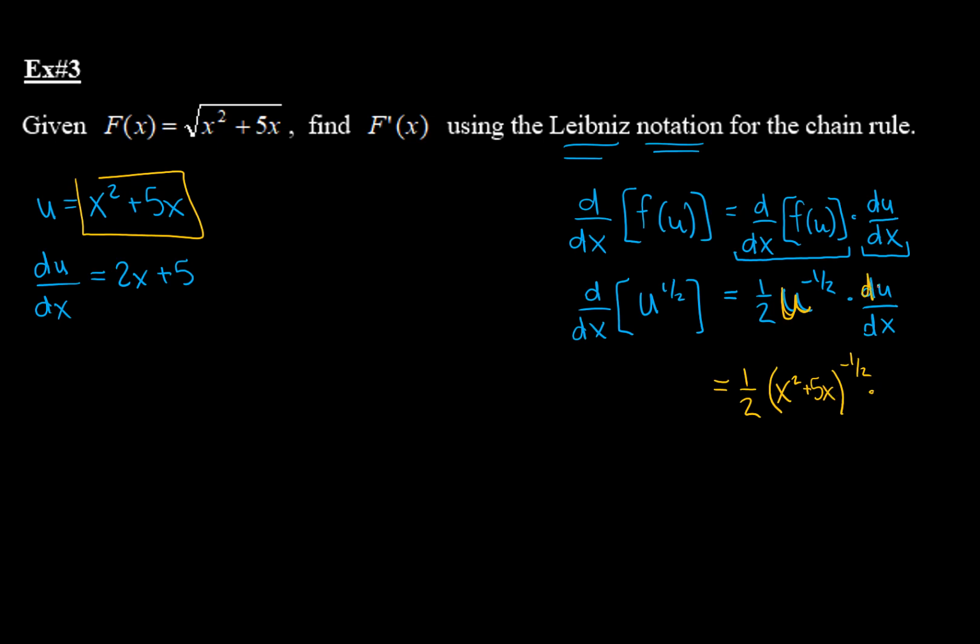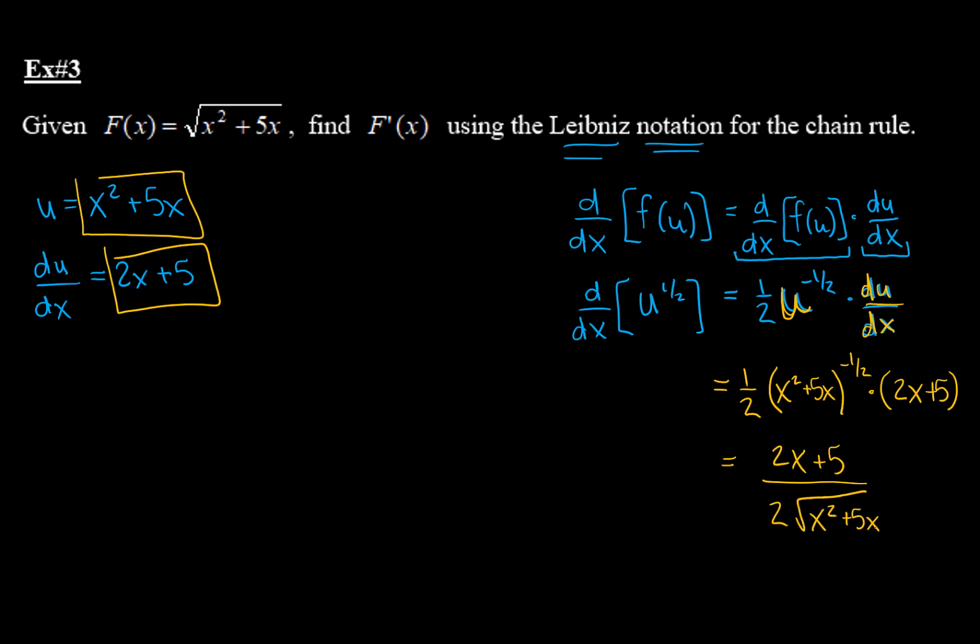And then I'm going to put in the du dx. And that's where my 2x plus 5 goes. Again, make sure it's in parentheses because it's a binomial. And then I just put the top stuff in the top and the bottom stuff where it goes in the bottom.